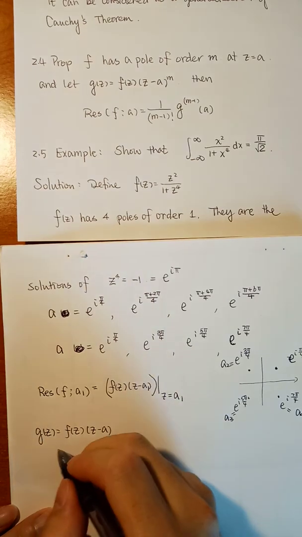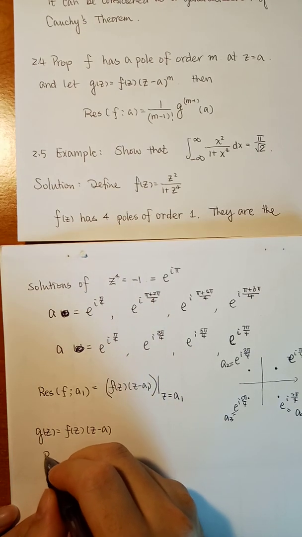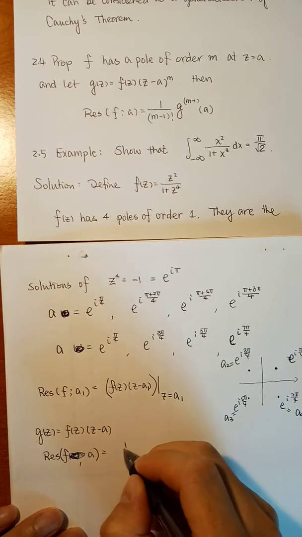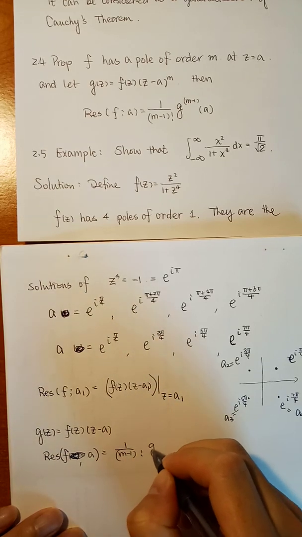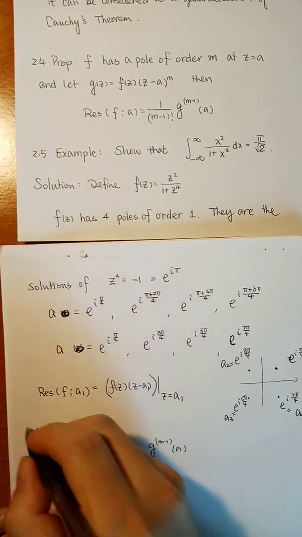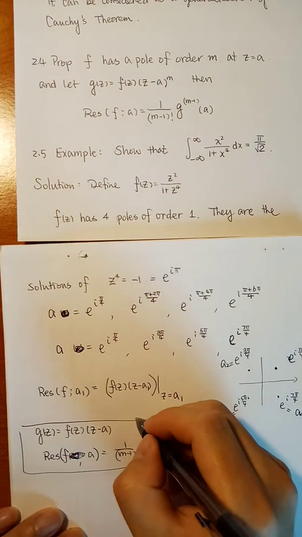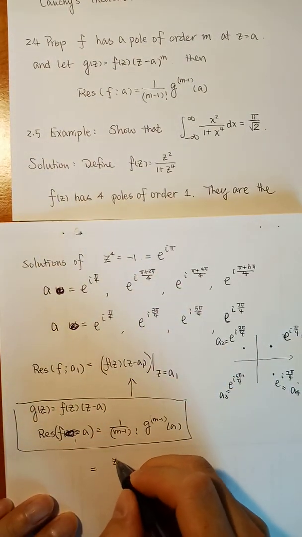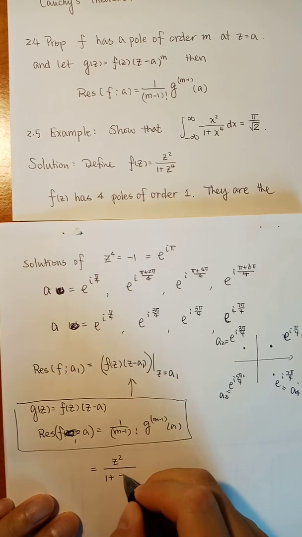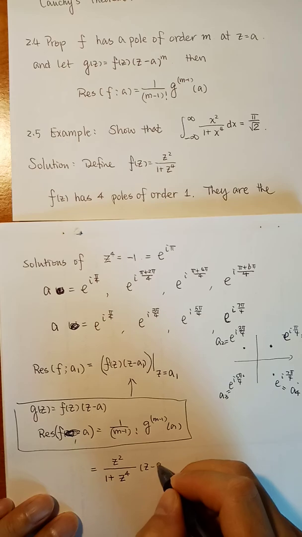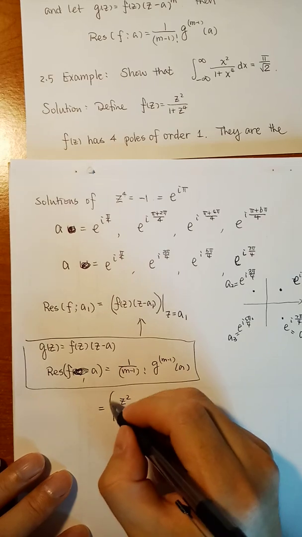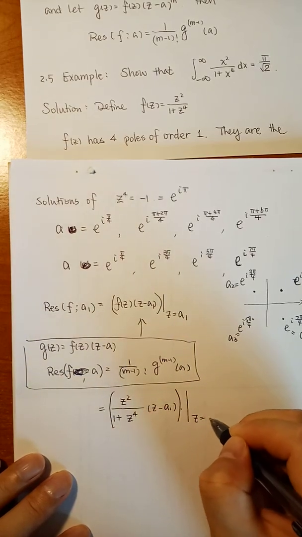Okay, so we have z squared over 1 plus z to the 4, times z minus a1, and you do the evaluation at z equal to a1.